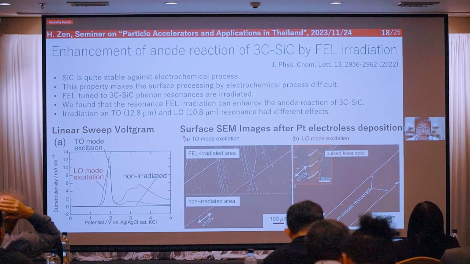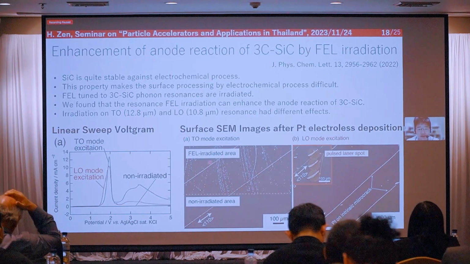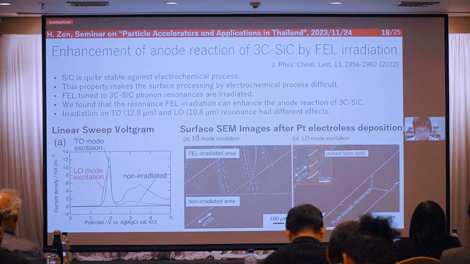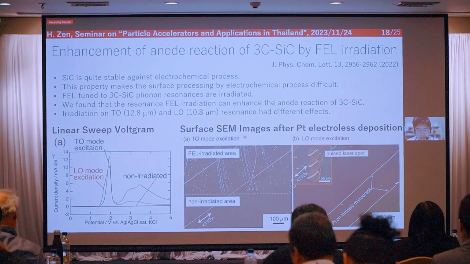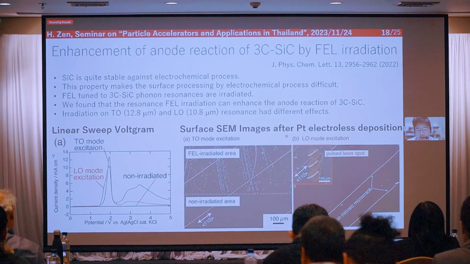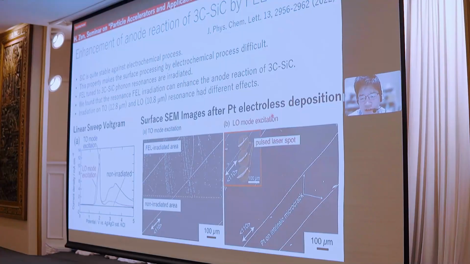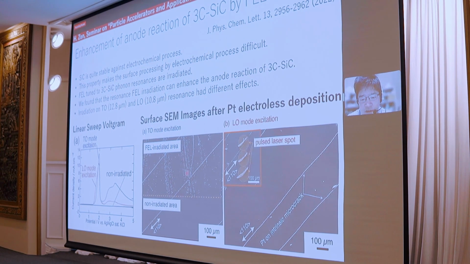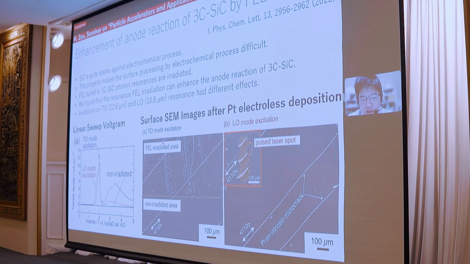And they also checked the surface state by scanning electron microscope after platinum electrolysis deposition. With TO mode excitation, they saw some sparse deposition of the platinum like this. Only the irradiated area had the platinum deposition, and in the non-irradiated area nothing was deposited.